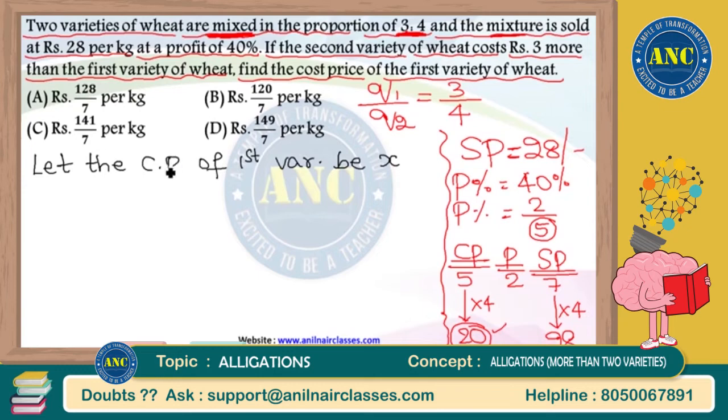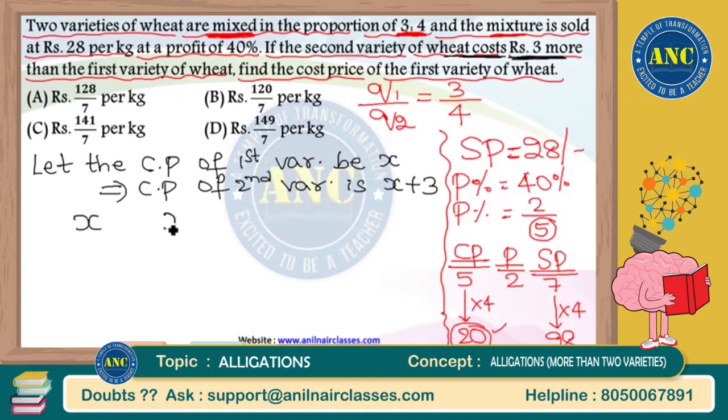Because if the cost price of the first variety is x, then the cost price of the second variety of wheat is 3 rupees more than x. It is given in the question: the second variety costs 3 rupees more than the first variety. So it is x plus 3. First variety cost price is x, second variety cost price is x plus 3.